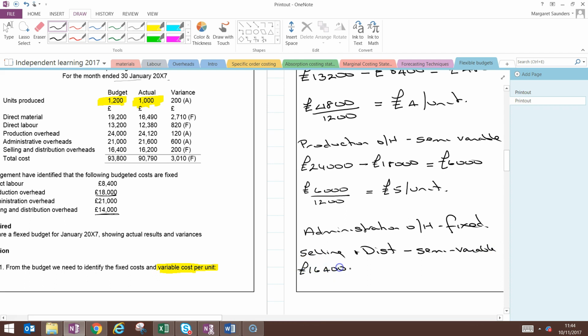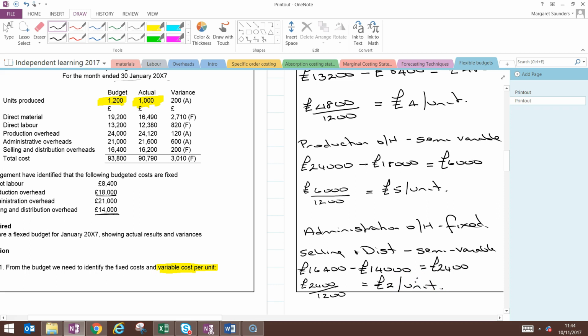16,400. Take away the fixed part of 14,000. That leaves us with 2,400. 2,400 divided by 1,200, and the variable part is £2 per unit.